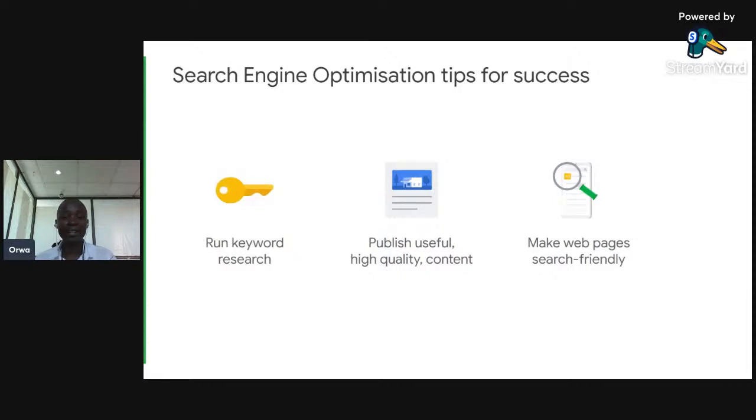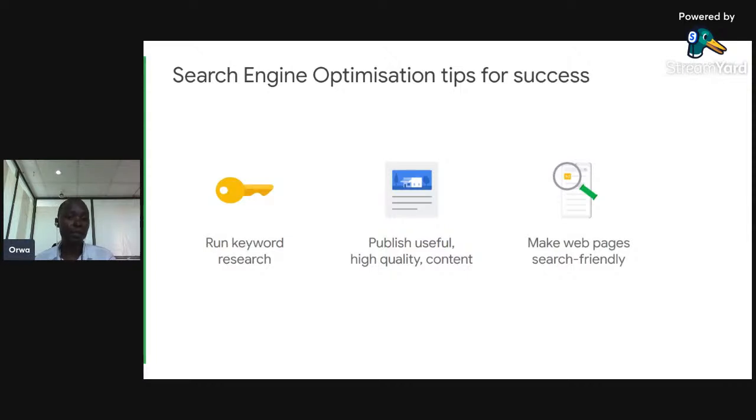They differ from one industry to another, from one location to another. That's why, in social media marketing, you could be using different terms for the same business in various locations. So run keyword research. This will be a great help for your website to be seen on any other social media platform that you're using.